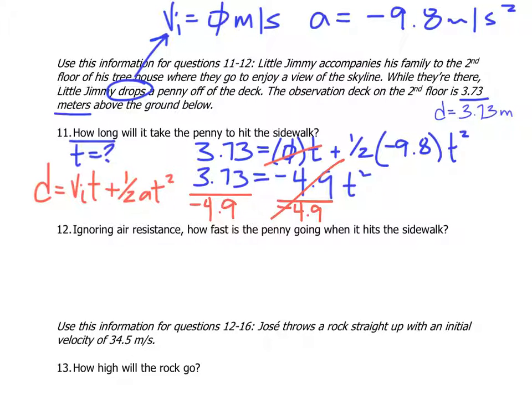And I'm left with 3.73 divided by 4.9. And 3.73 divided by 4.9 gives me a negative 0.761 equals T squared.